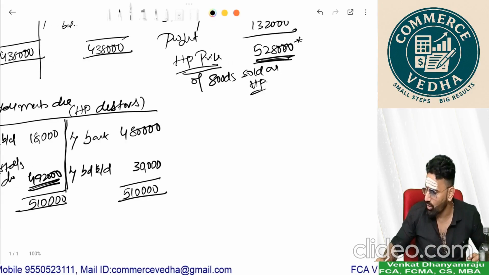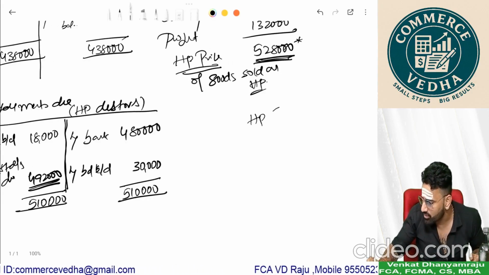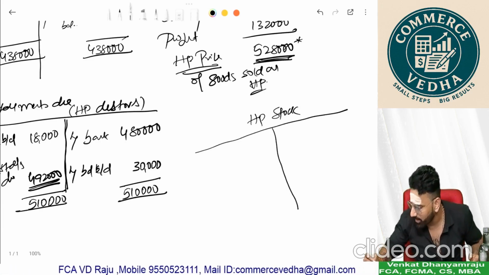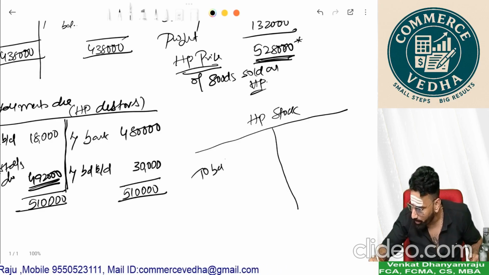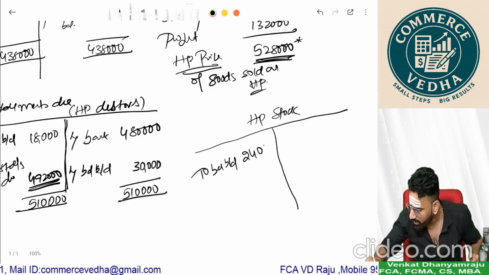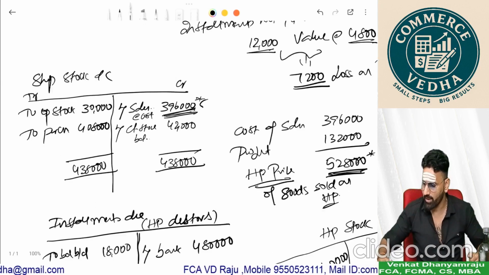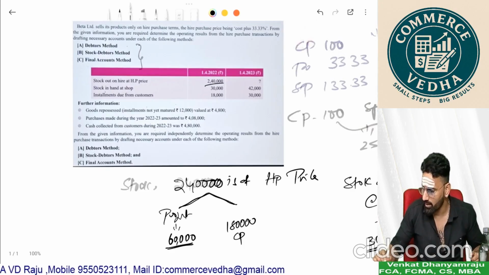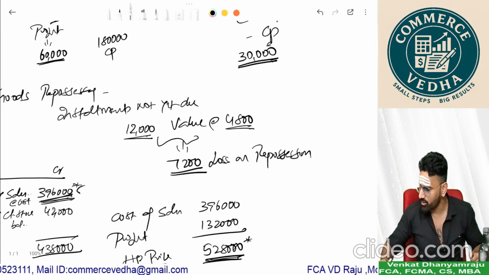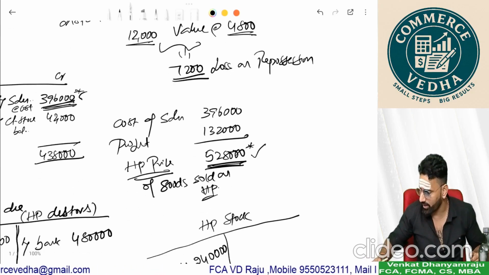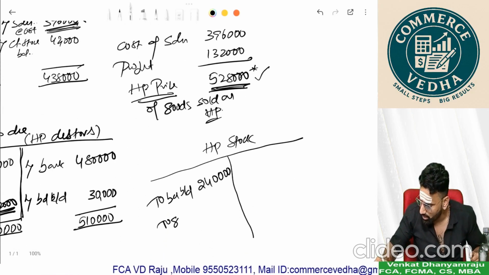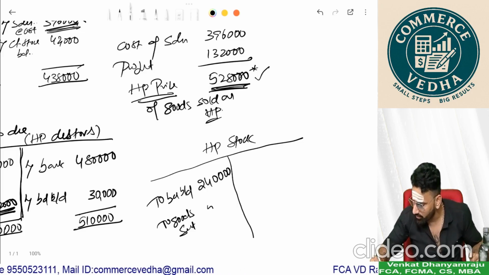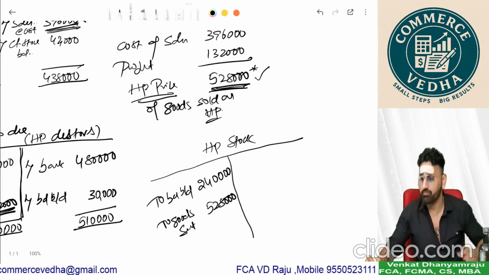Then we should also know what is my hire purchase stock. Hire purchase stock should be at hire purchase price. To balance, opening stock 2,40,000 given in the question. If you go back and see opening stock 2,40,000 here, and goods sent we already computed 528. So goods sent on hire purchase 528, right?